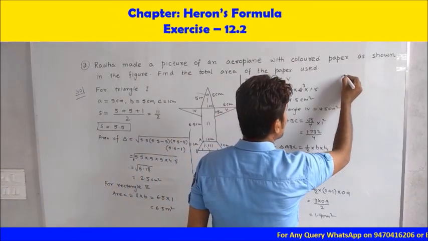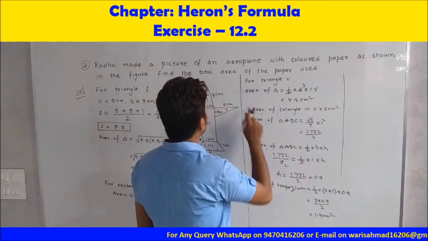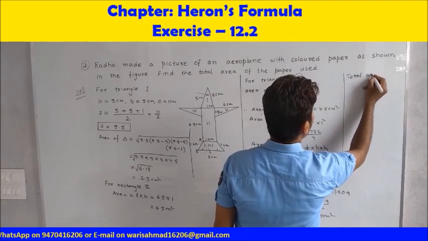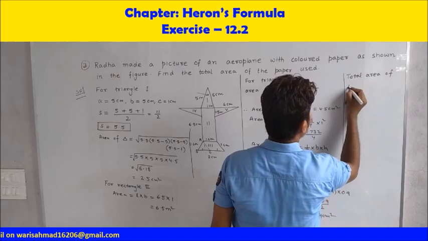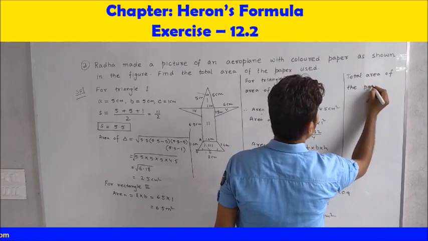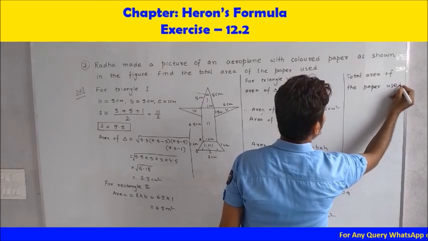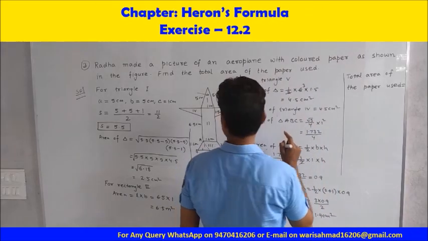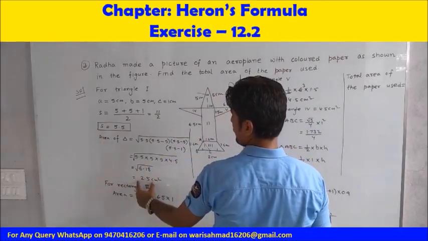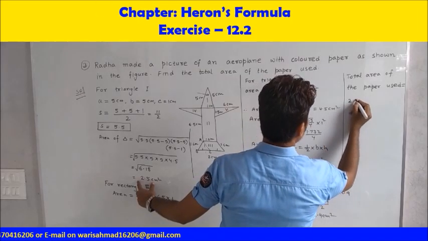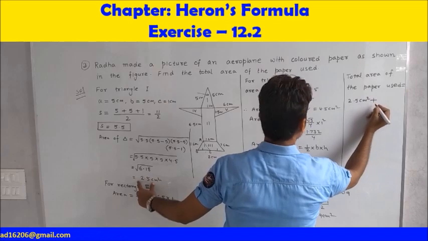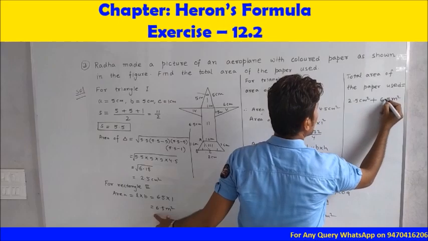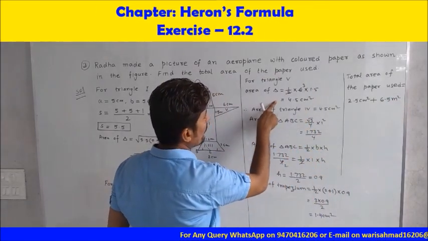So total area of the paper used will be equal to, we can write here, first of all the first area, that is 2.5 centimeter square, plus the second one, 6.5 centimeter square.